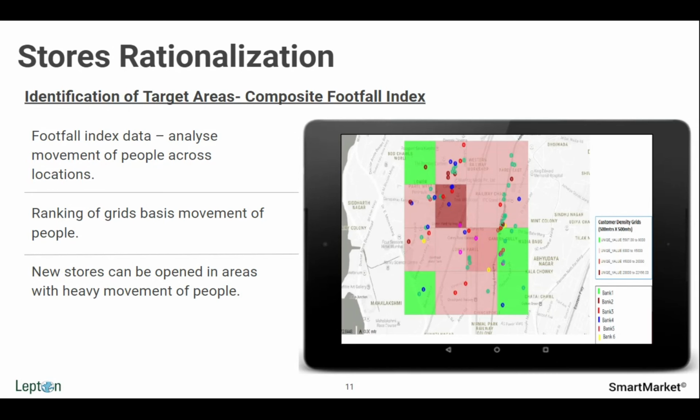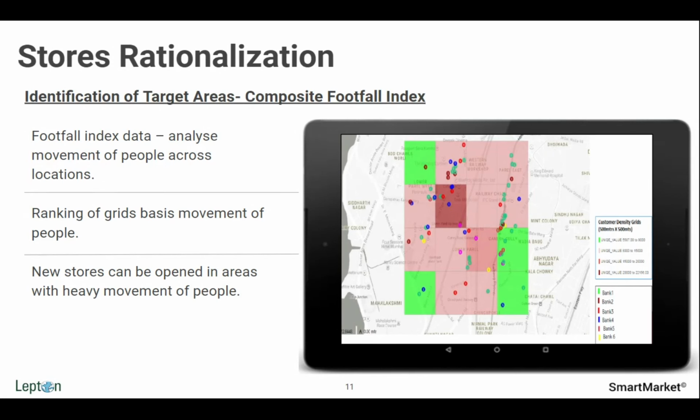So all these areas of Gurgaon, which are adjacent to Delhi, or where offices are located, become high potential grids for certain businesses if they want to market their product, or if they're targeting a certain set of customers, certain audiences. So that's composite footfall index.